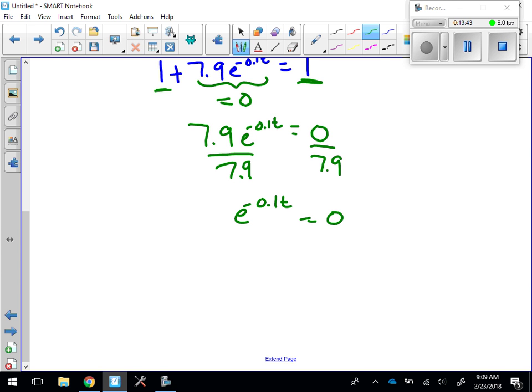And as Zoe exclaimed, e to the anything can never be equal to 0. I could make this e to the 0.1 t, because that's a negative exponent, so I could move it to the denominator. Now when you look at it, what does t have to be to have a chance of working?